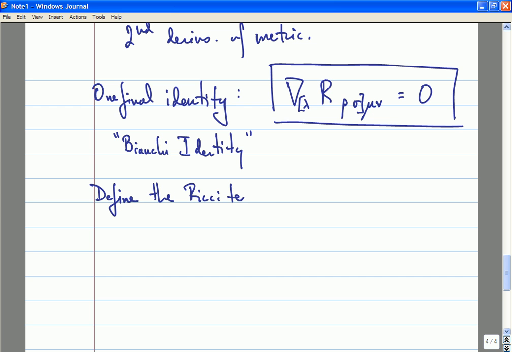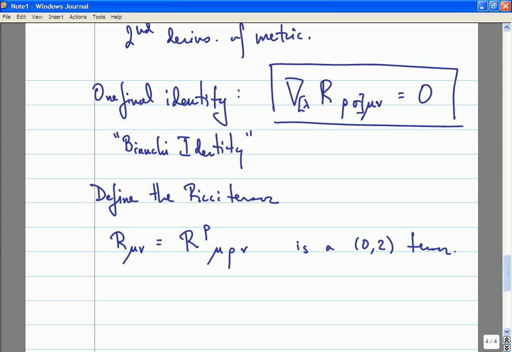The Ricci tensor is denoted R mu nu. So it has 2 lower indices instead of 4 indices. What is it? It is just the Riemann tensor with 2 indices contracted. So it is a 0, 2 tensor.